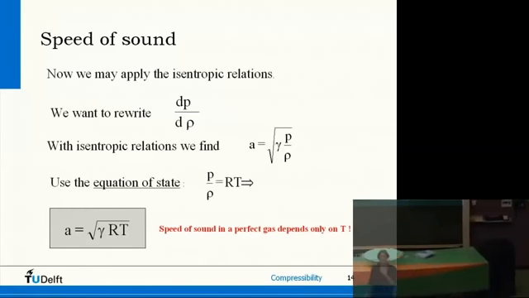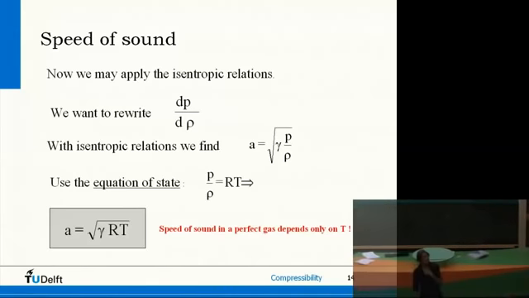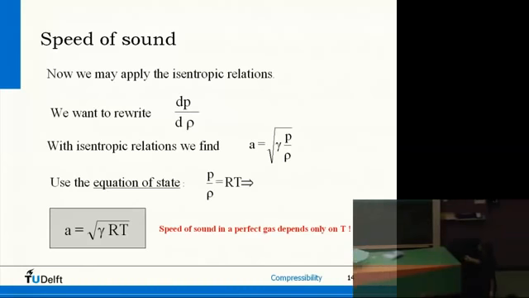A squared is dp over d rho. And from using the Euler equations and the conservation of mass, we could derive that that is the same as A is square root of gamma p over rho. Using the equation of state, we found A is square root of gamma RT. So speed of sound, which travels through a medium, is only related to the temperature.